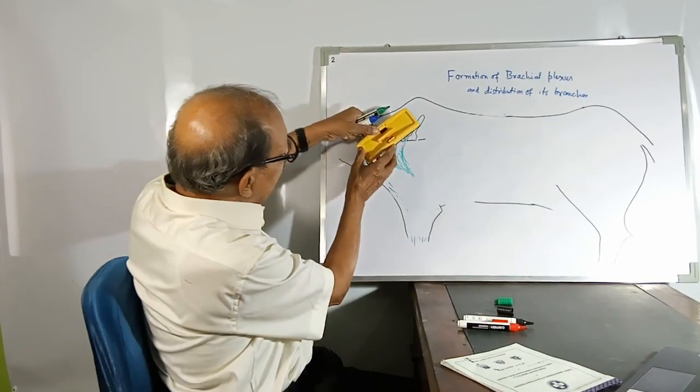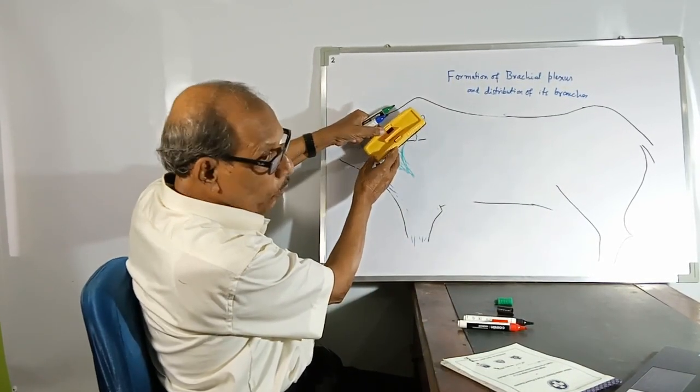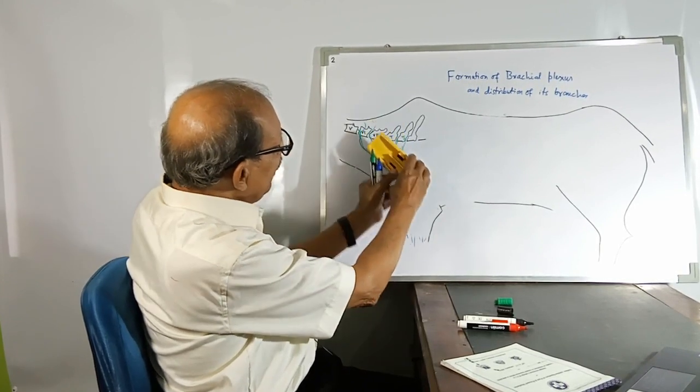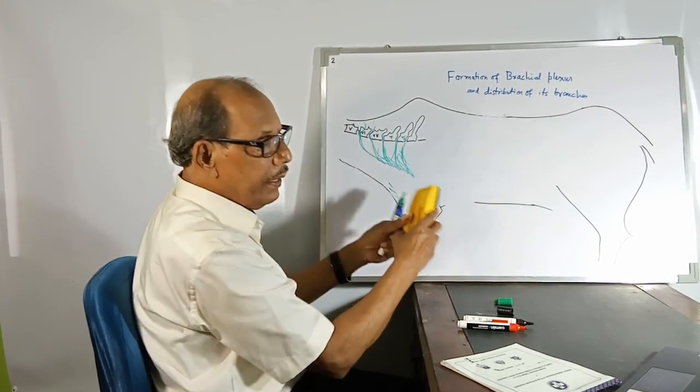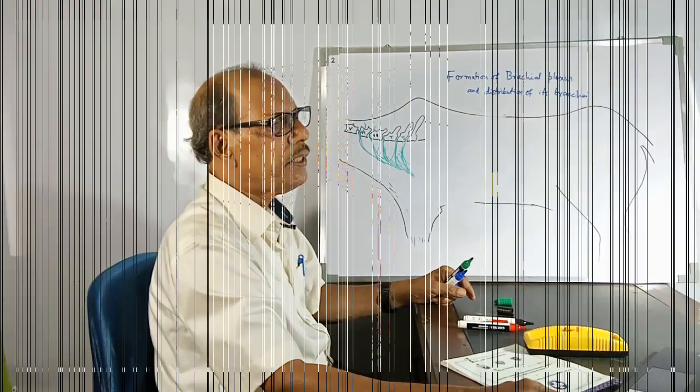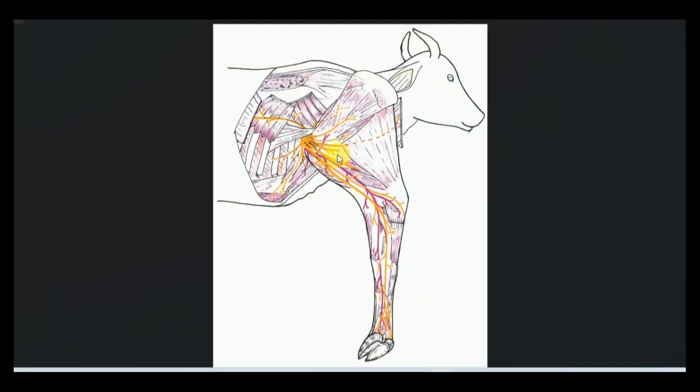You see, this is the bone, scapula, humerus, radius and ulna inside. The inside portion you will see only if you make a dissection like this and revert the whole of the structure towards the front. The brachial plexus will be visible, remaining between the shoulder joint and the anterior part of the thorax.